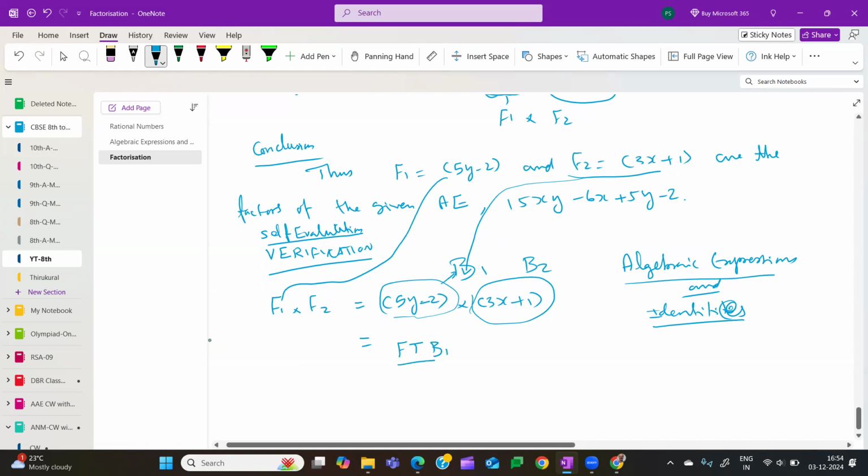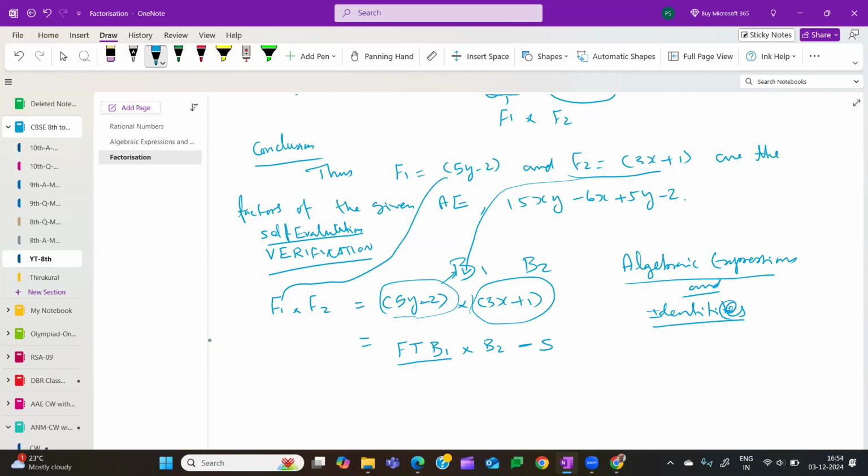I'm writing in shortcut form. FT means first term of binomial 1 into binomial 2. Then the symbol we have to put is minus.